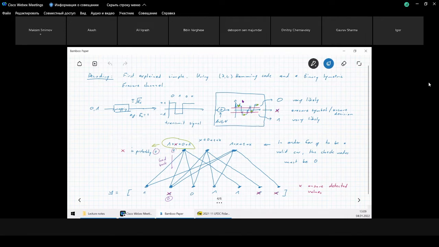If we observe really large values, we are quite safe that a +1 was transmitted, so our bit was 0. If we observe very large negative values, we are quite safe that a -1 was transmitted, corresponding to the 1 bit. But in between, for unsafe detection, we use the erasure symbol.